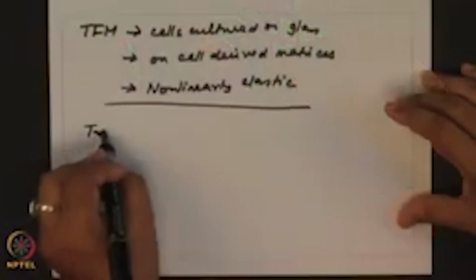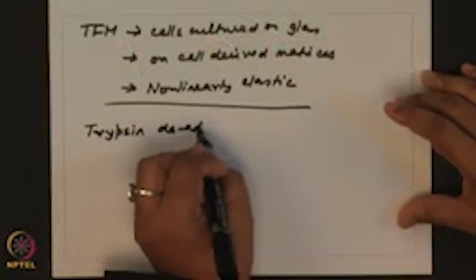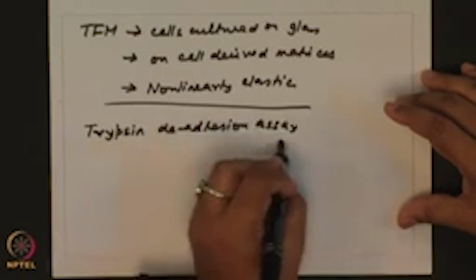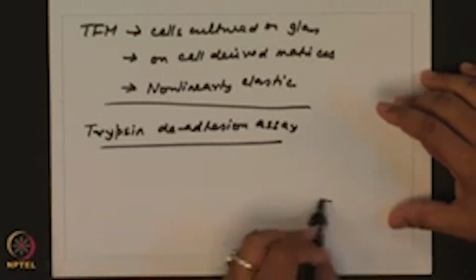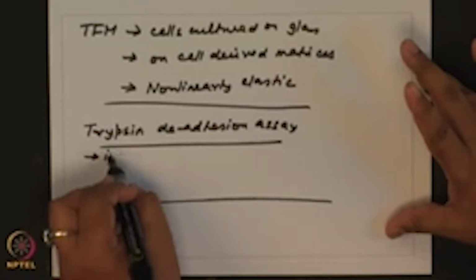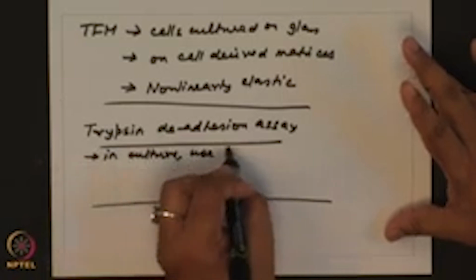This is called a trypsin deadhesion assay. So, what is the trypsin deadhesion assay? This is what you do routinely, right. In culture, you use trypsin for passaging.